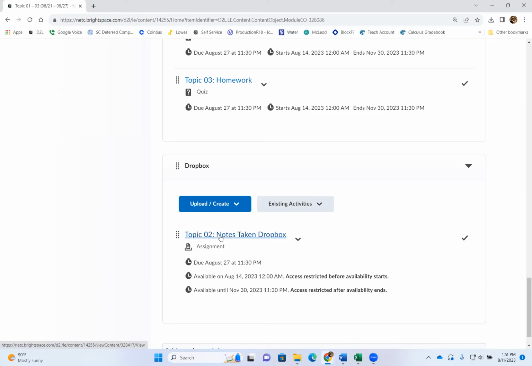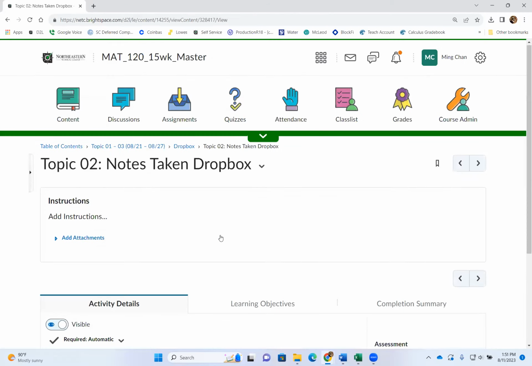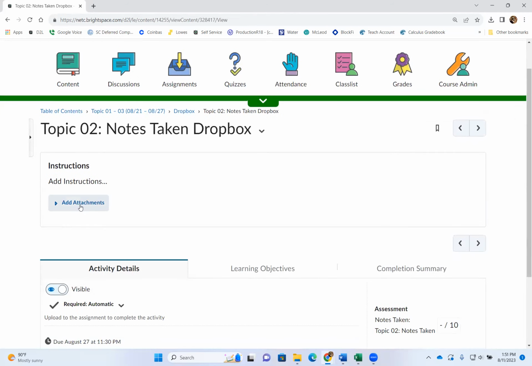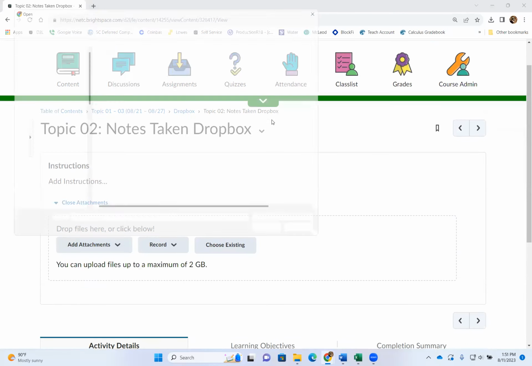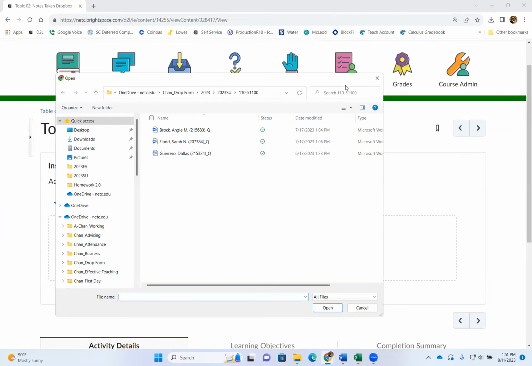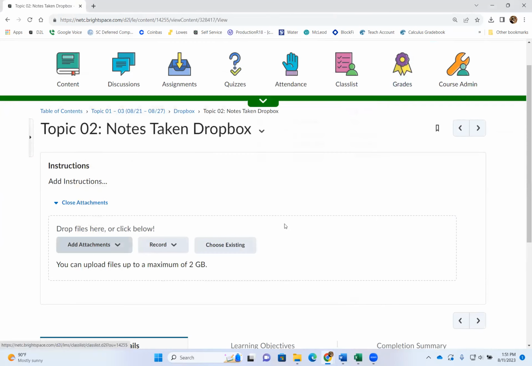If I click on the Dropbox, it is simply asking you to add an attachment. If you click on add an attachment, it will want you to upload from a file from your computer.